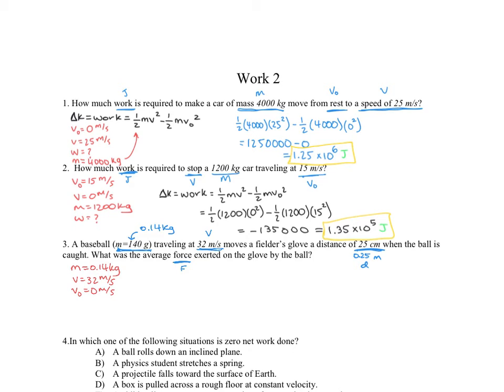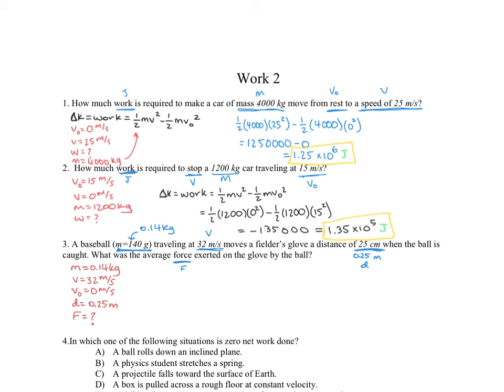And if you just think about it, the ball is in the fielder's glove or whoever's throwing it, so it would have initially started at rest and then be thrown or hit at 32 meters per second. So then we have d for displacement at 0.25 meters, and then force is unknown.